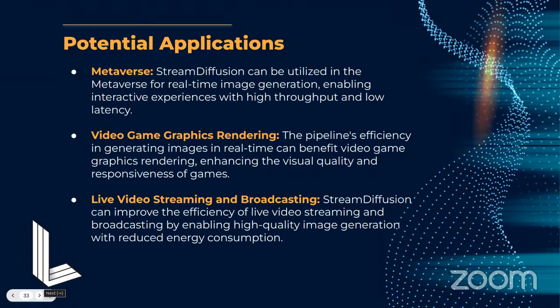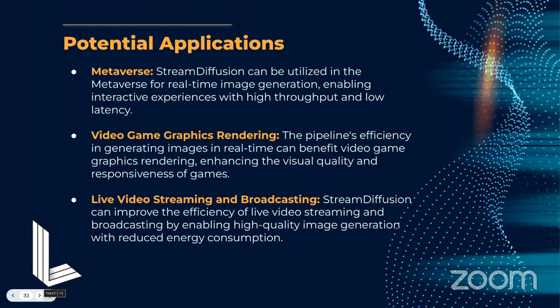The potential applications of stream diffusion are so diverse, and we highlighted some of them. One of them is the Metaverse, where stream diffusion can be utilized for real-time image generation, enabling interactive experiences with high throughput and low latency.